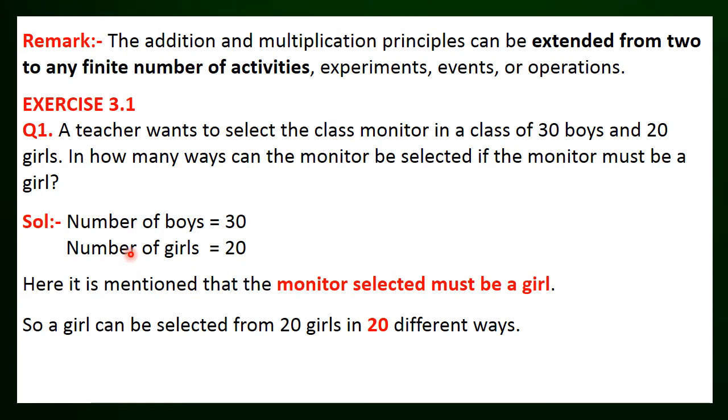The number of boys given is 30, the number of girls given is 20. But as per the condition given, we can select the monitor from the girls only, because the condition is that the monitor must be a girl. So we can't select the monitor from the boys. So the girl monitor can be selected from 20 girls in 20 different ways.